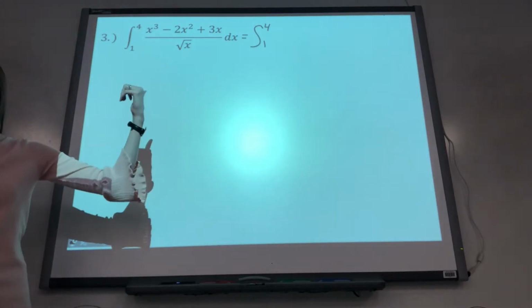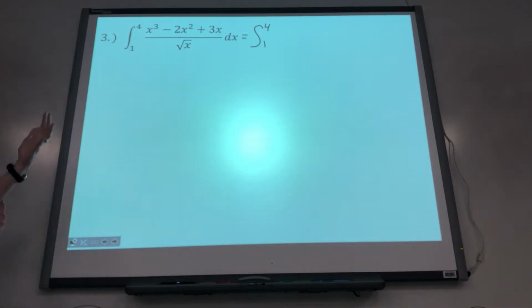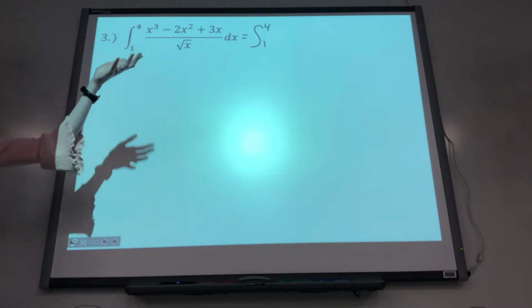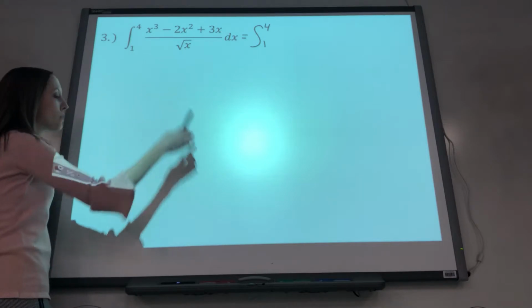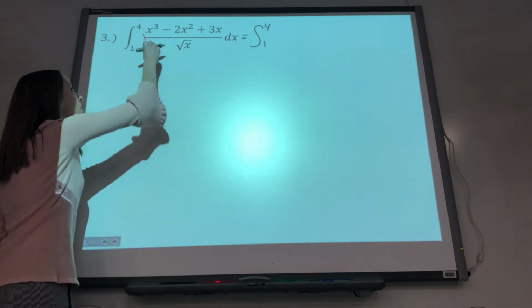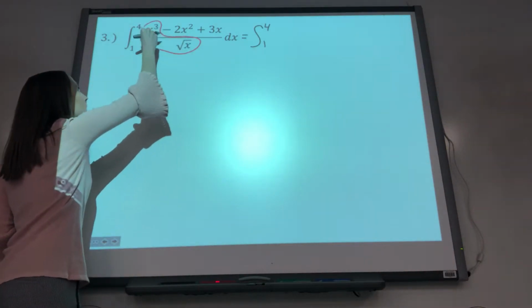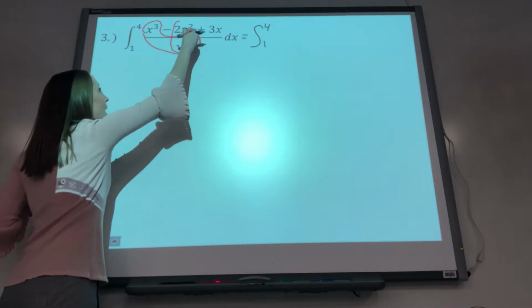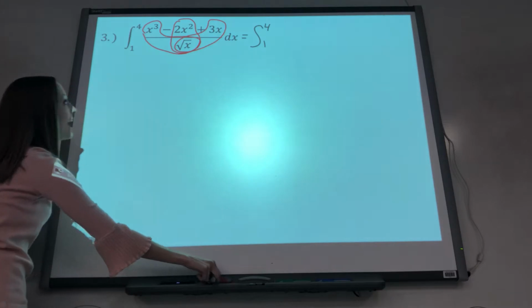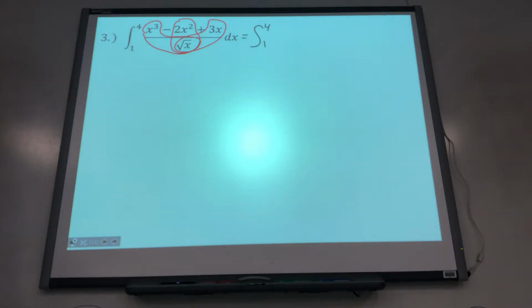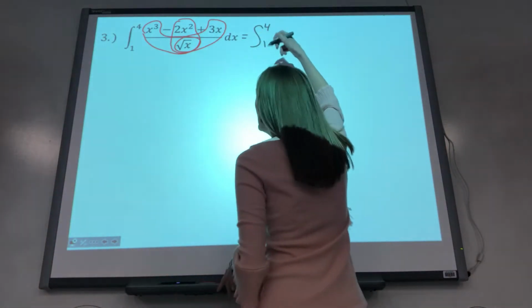So we've had this type of function several times in calculus. We had it with derivatives, we had it with integrals. And so here's what I'll do. I'll basically take each term on top and divide it by that square root of x, except I'm not going to leave it as square root of x. I'm going to think of it as x to the 1/2.